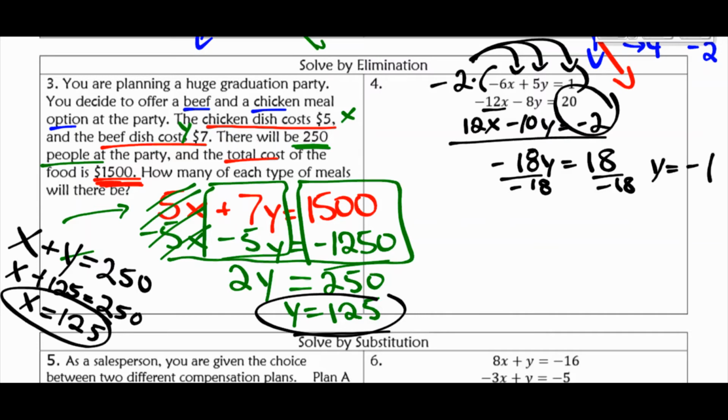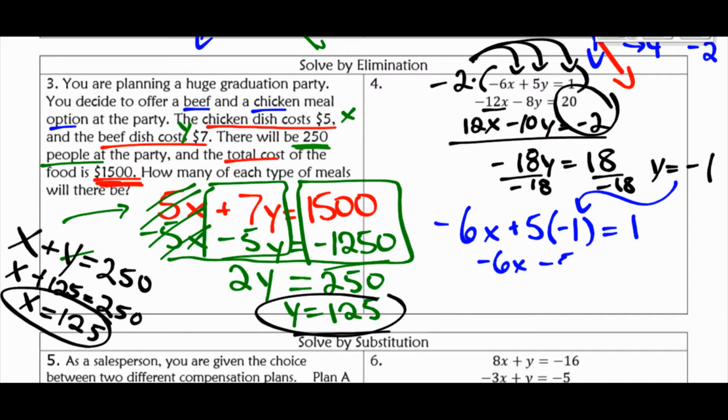Now you take that and you plug it into either equation, it doesn't really matter. I'm going to use the first one, -6x plus 5 times this is going in place of the y, that's -1, and that equals. Gives me -6x minus 5, I'm just multiplying those two together to turn it into one number.